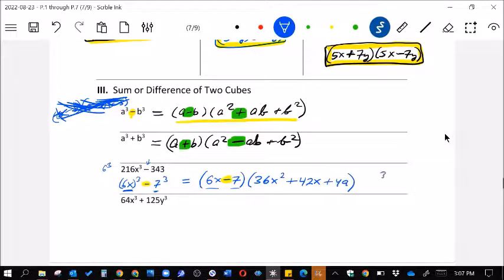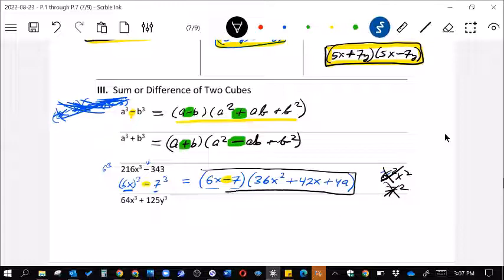Now, a couple of things that are wrong: if you do 6 squared x squared, I don't accept that. If you do 7 squared, I don't accept that. You actually have to give the number. So that makes this the correct answer because I multiplied the things.